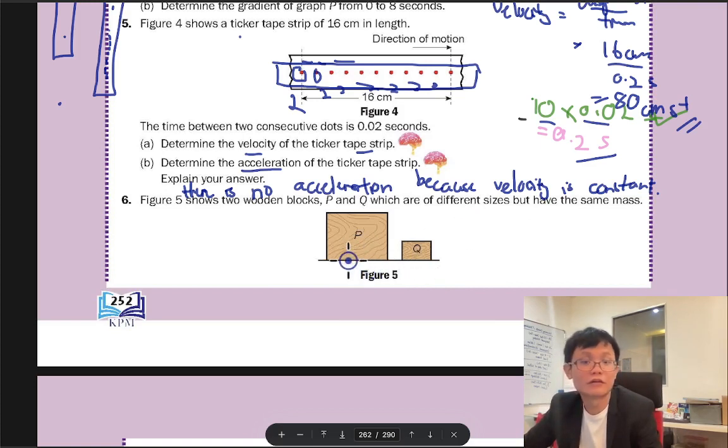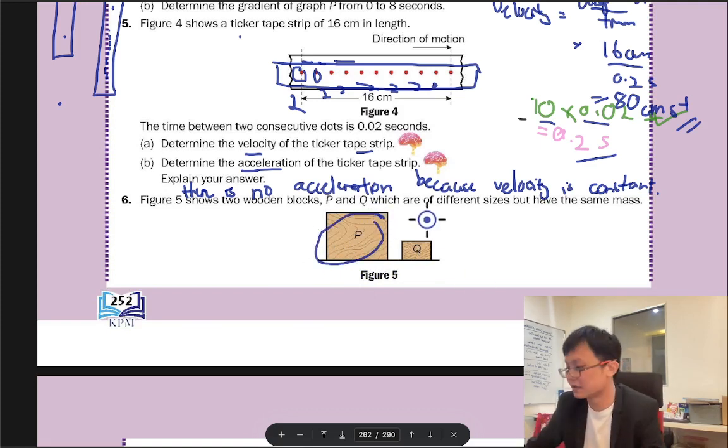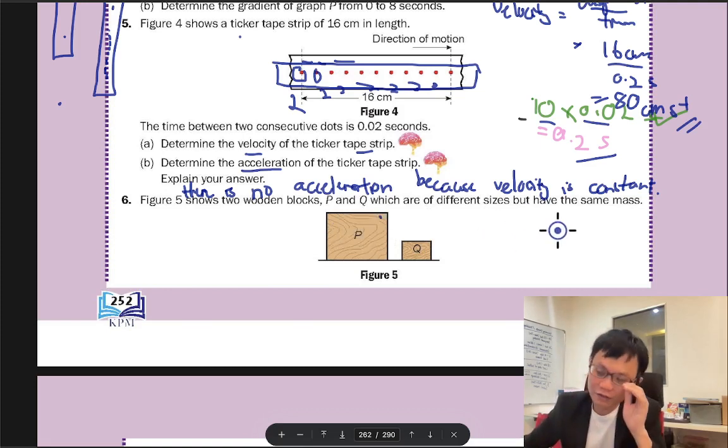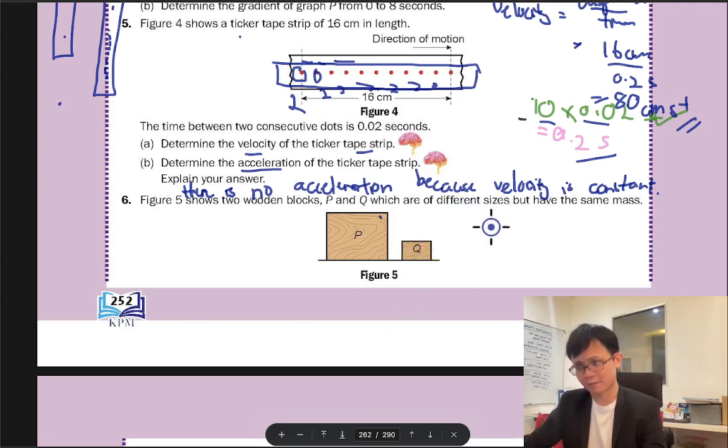If I ask which one has higher volume, P has the higher volume. If I ask which one has higher density, Q has the higher density.